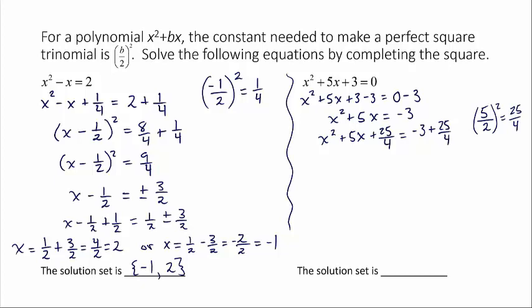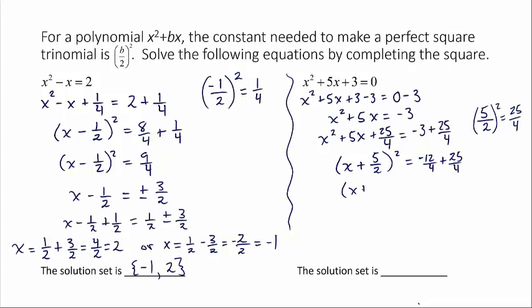Now, remember when you go to factor this, it's a little scary with a fraction, but it need not be, because if you just take the square root of the number that you added, the b over 2, that's it. So we're going to have 5 over 2, and we're adding in the middle, so we're going to have x plus 5 over 2, quantity squared, equal to, let's get a common denominator here, -12 over 4 plus 25 over 4.